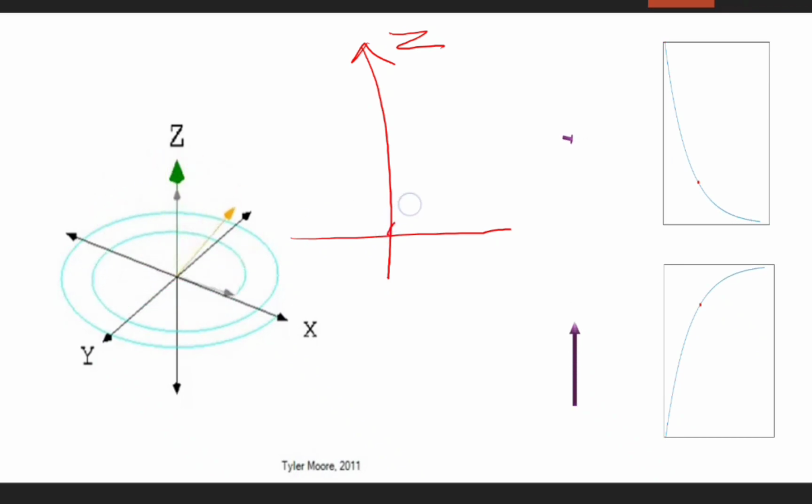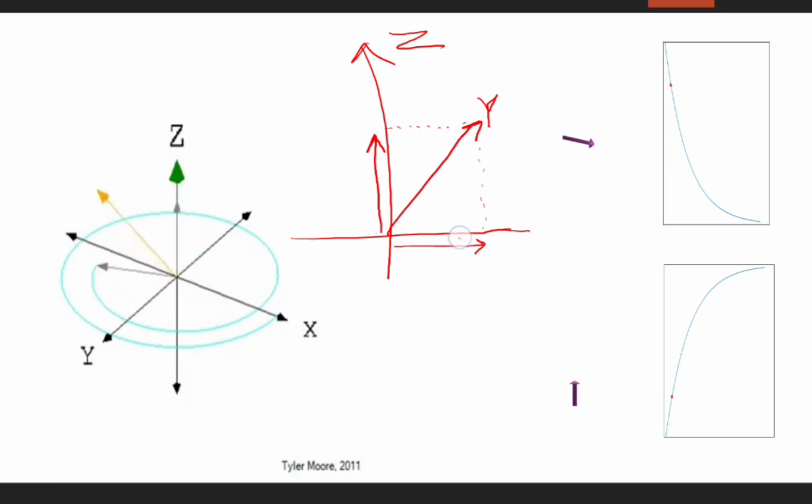Your yellow vector, you see this is the yellow vector I am drawing. You can see one shadow, and one shadow here. So from here to here this is decreasing, and this one is increasing.